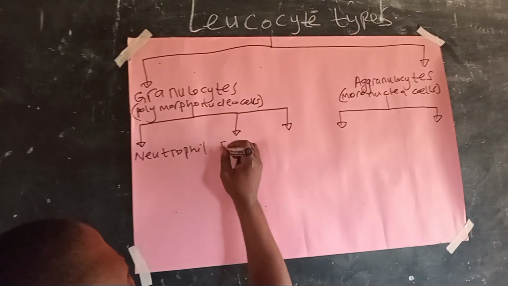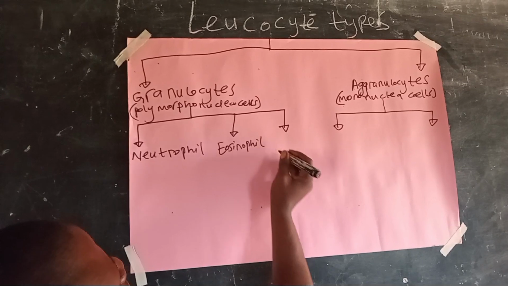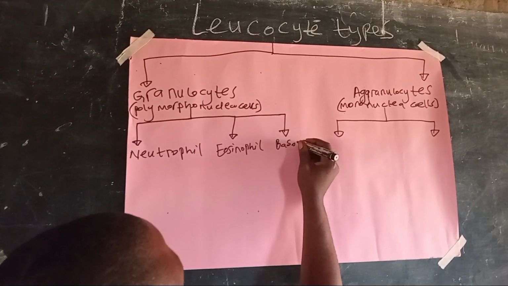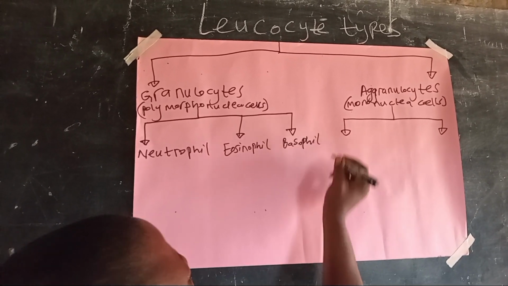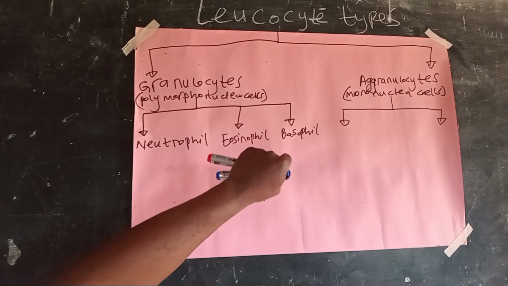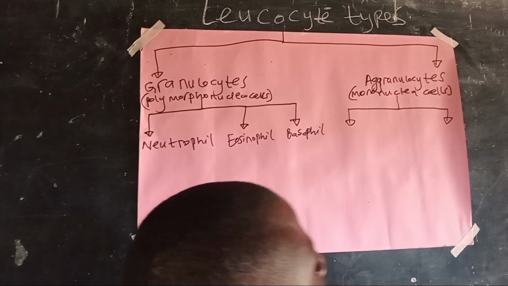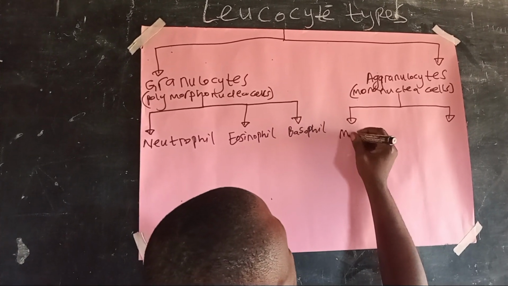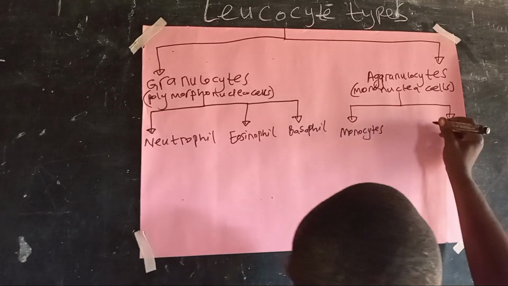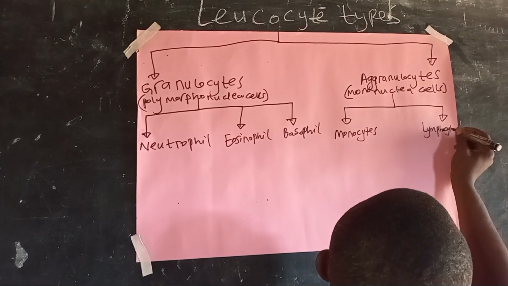Another one is the eosinophil. Another one is the basophil. So that is with the granulocytes. They have three types. Now we have the agranulocytes. These are divided into monocytes and lymphocytes.